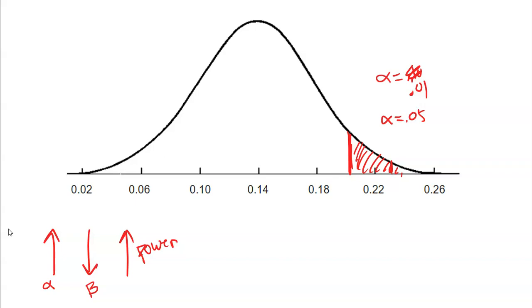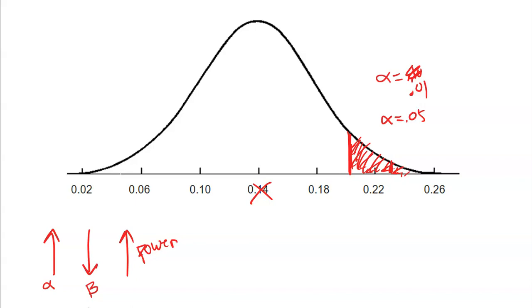And if that's what I'm supposed to do, because the null is truly wrong, then having a larger alpha is going to increase my rejection area, which is going to make it more likely for me to find a sample that's going to cause me to reject the null. And if I reject the null, and that's the correct decision, I'm reducing type 2 error. And if that's the correct decision, I have more power.